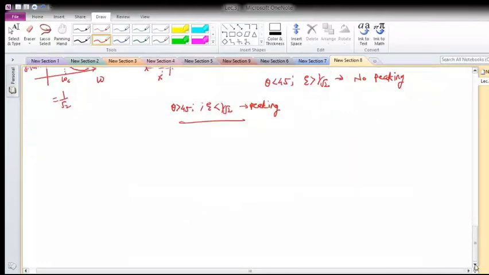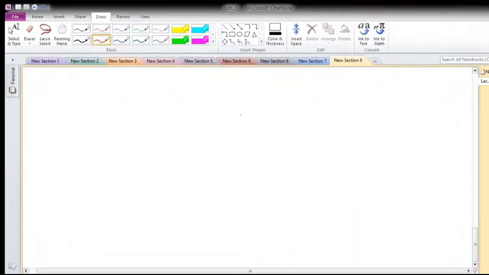Okay, so now let us look at the case for zeta less than 1 by root 2 and theta greater than 45 degrees. And what is our network function? H of j omega is, suppose, omega n square over s square plus 2 zeta omega n s plus omega n square.